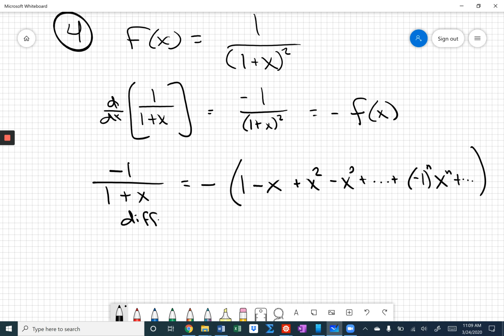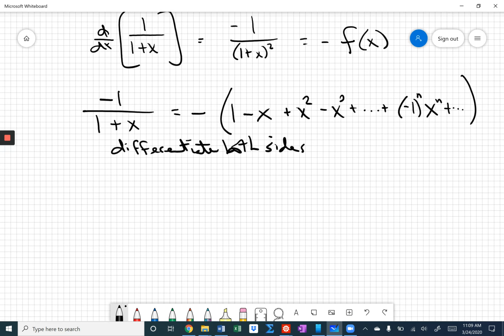Now from here, I'm going to differentiate both sides with respect to x, of course. And over here, I'm going to end up with 1 over 1 plus x quantity squared, as we've already talked about up here. And so this is our function f of x, by the way.